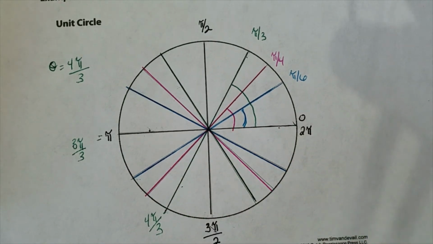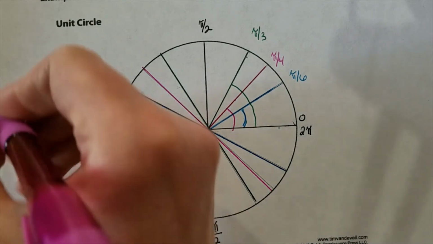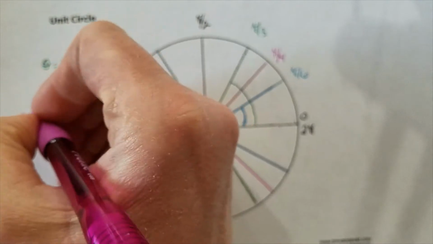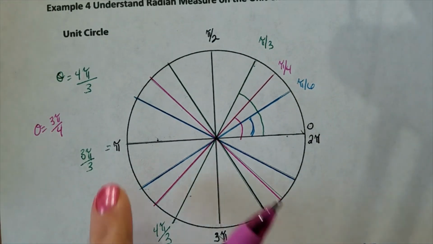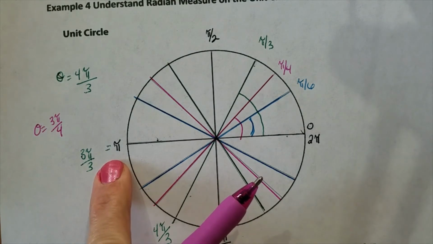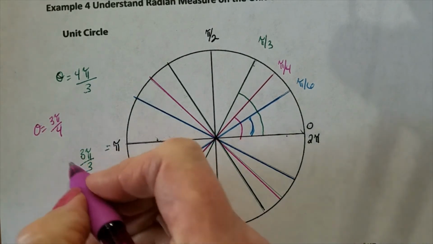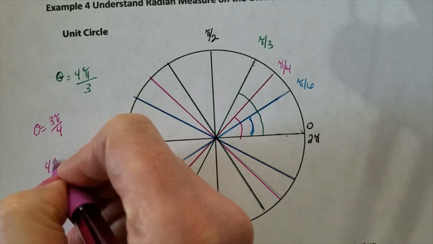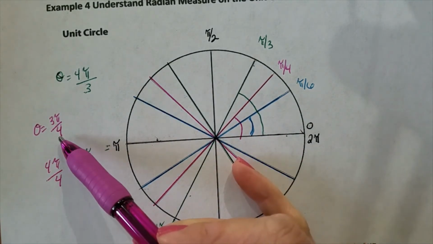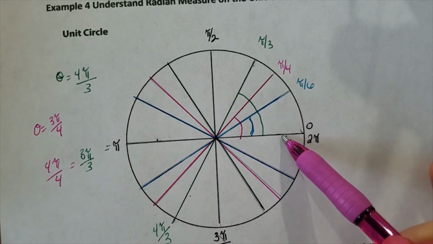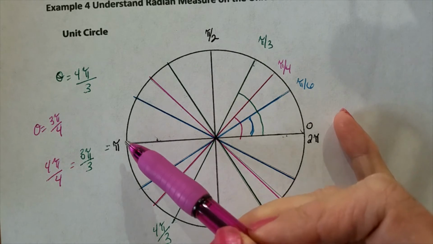If I'm looking for, let's go backwards, 3 pi over 4. Okay, well, again, I always go to pi. Pi is easy to rewrite: 4 pi over 4. So if I'm looking for the angle 3 pi over 4, I start off at 0, and I come around, well, I go to 4 pi over 4.